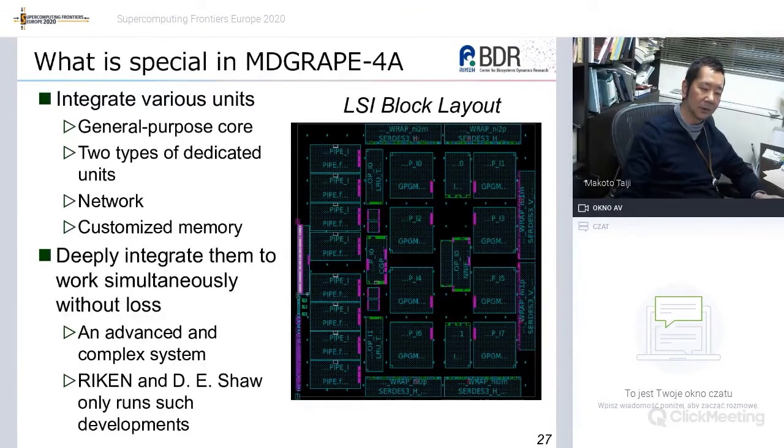This kind of combination is very popular in SoCs, but the difficult point is that all these units have to work simultaneously with high efficiency. This is very different from normal SoCs in smartphones or other applications. Currently, such an approach can be taken only by us and these others.